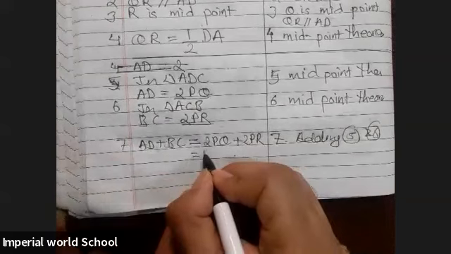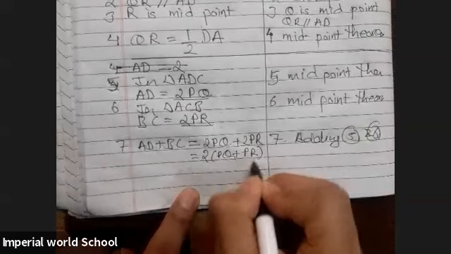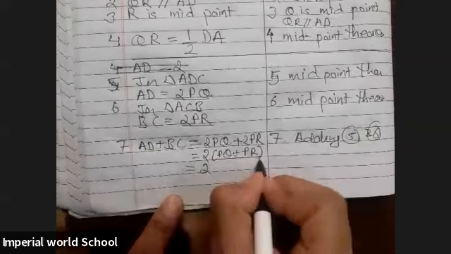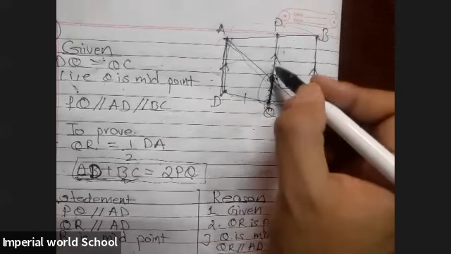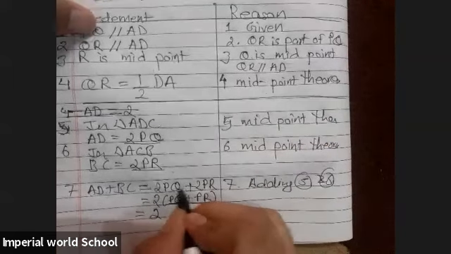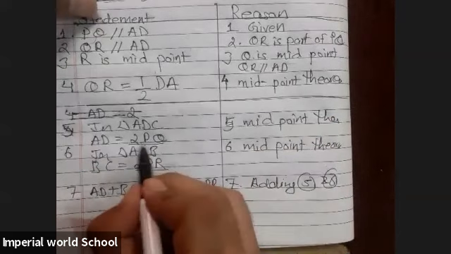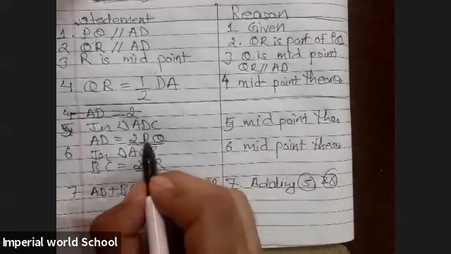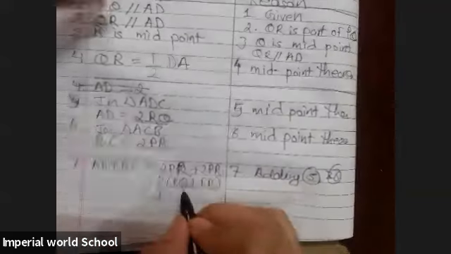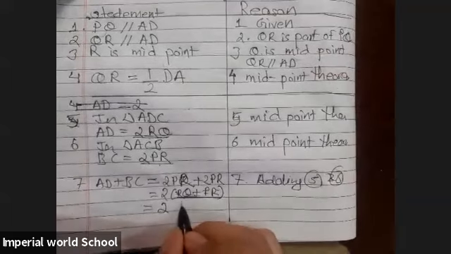Okay, now we have to solve. So this 2 we take common, and in the bracket it will be PQ plus PR. Sorry, this is PR plus RQ. RQ plus PR is actually the whole part of PQ.